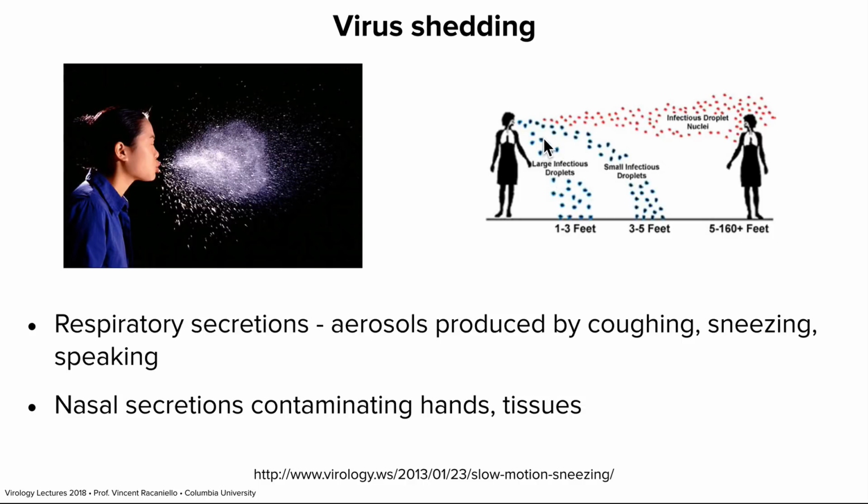The larger ones, of course, if someone is standing near you, you could infect them or very close. But the very small ones are insidious because they can be generated by breathing or speaking and travel long distances. So you could have a respiratory infection and not have symptoms and be shedding lots of virus and infecting other people. We can also spread respiratory viruses by contamination, nasal secretions on your hands, tissues, desks, doorknobs, and so forth.